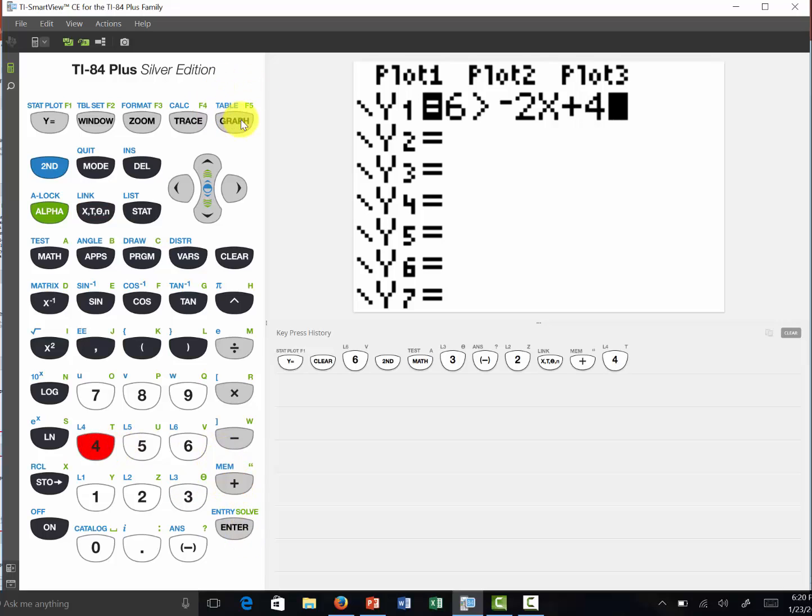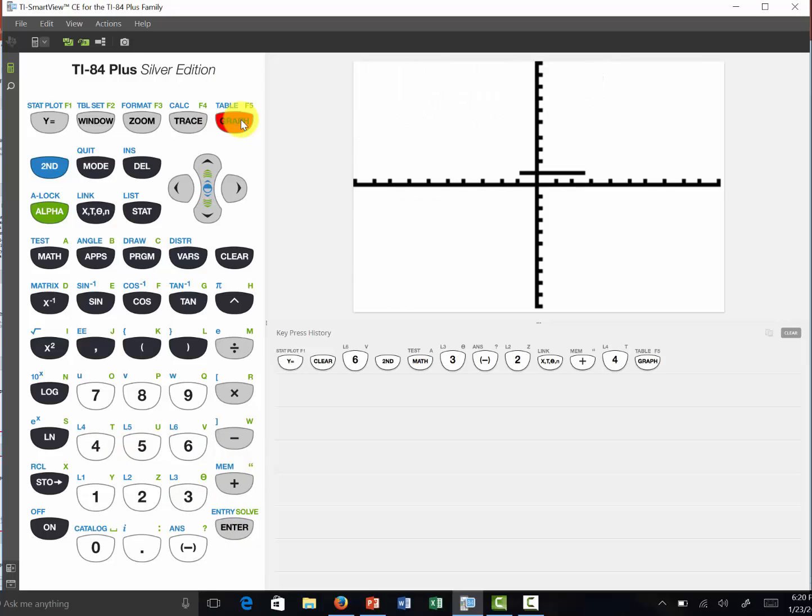Now we hit graph, and we see values that are greater than negative 1 are reporting a value of 1, which is a true statement. Values equal to or less than negative 1 are reporting a value of 0. They're graphed on the x-axis.